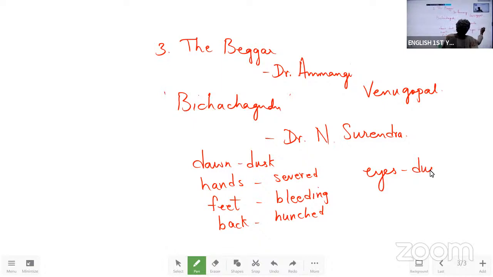Because they completely depend on the weather for the proper growth of agriculture. Whatever he is sowing, it depends on the weather.